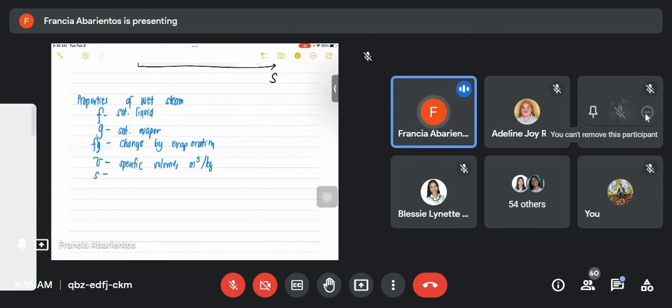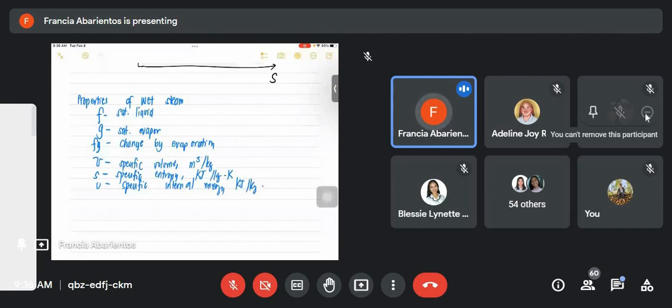Sa subject ko ngayon, mahigpit ako sa units. We have also the specific entropy. This is in kilojoule per kilogram Kelvin. And yung U natin is the specific internal energy. Ayan. Internal energy wherein it is equal to kilojoule per kilogram.